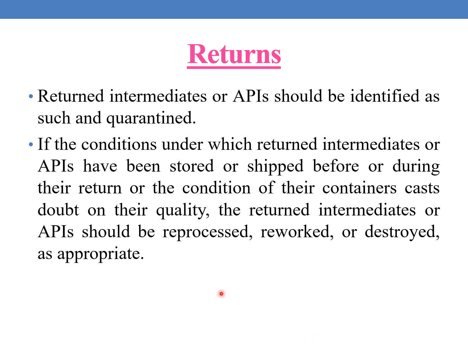If the conditions under which returned intermediates or APIs have been stored or shipped before or during their return, or the condition of their containers, cast doubt on their quality, the returned intermediates or APIs should be reprocessed, reworked or destroyed as appropriate.